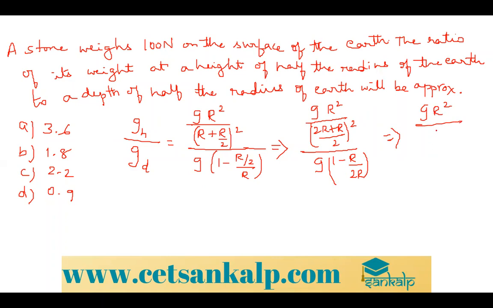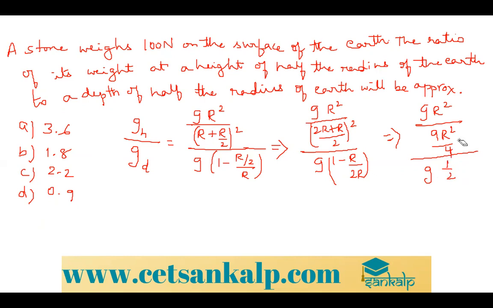Now can I write it directly as 9R square by 4 whole divided by g into (1 minus 1 by 2), which is half g. Finally it is half g.